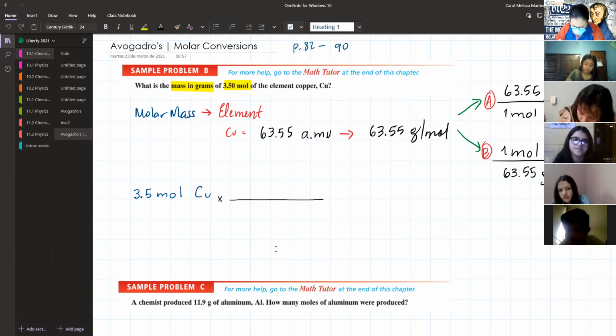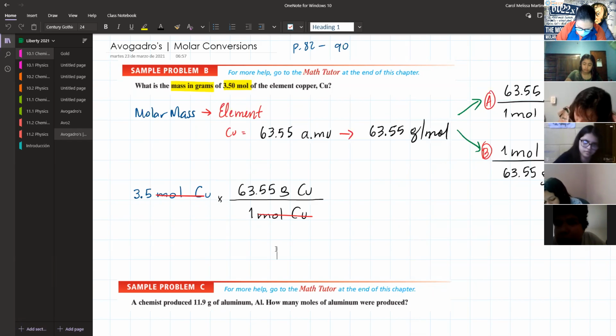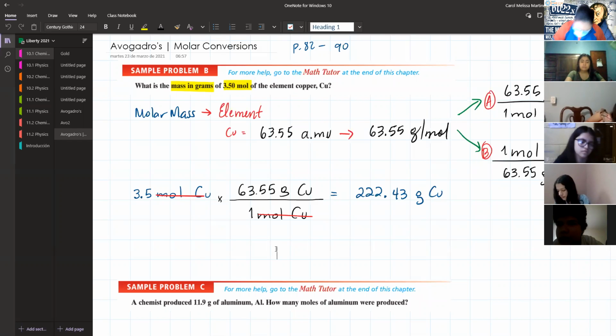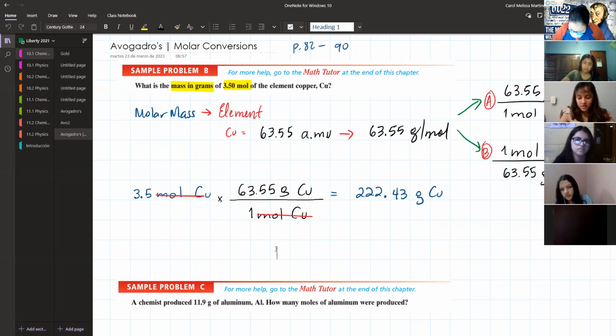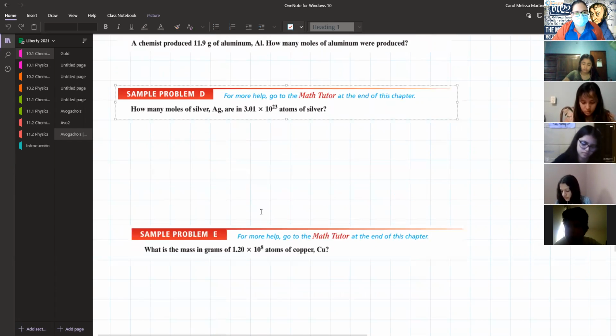Like A. So I say 1 mole of Cu has 63.55 grams of Cu. Get rid of it. And how much is this? 222.43. Exactly. We answered that question. Now let's see another example.